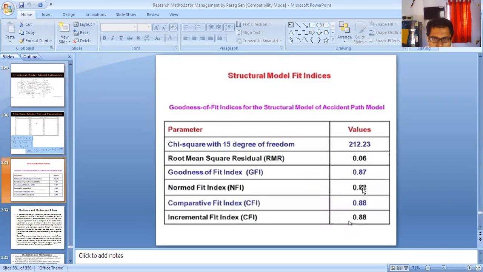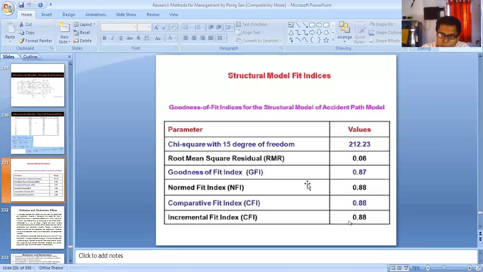Once you find out all those things, and if you find that your fitness is okay, then you come to an end of the structural equation model. So this is the basic of the structural equation model.